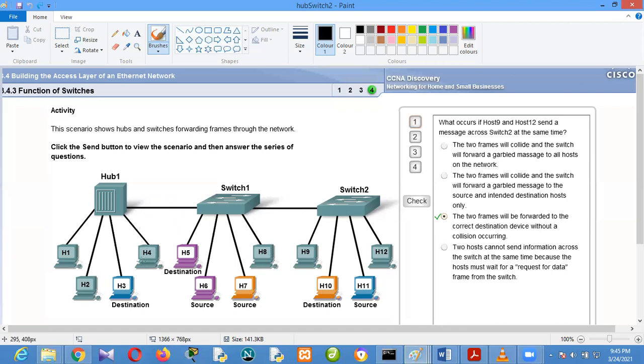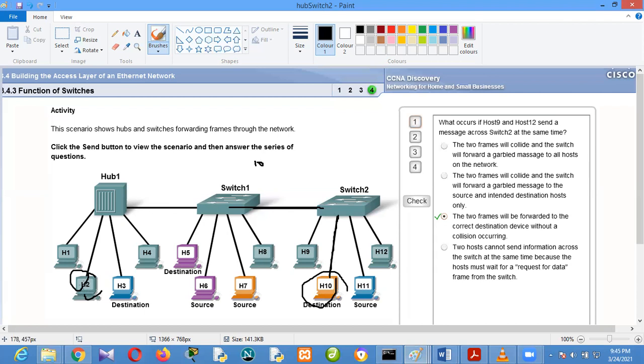And the other thing you need to know is that if H2 is asking who is H10, when it gets to the switch it will secretly fill its ARP table with information of H2. So when information comes from H10, switch 1 will still fill information about 10.